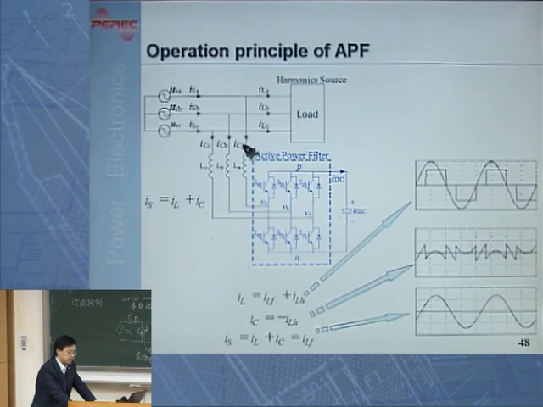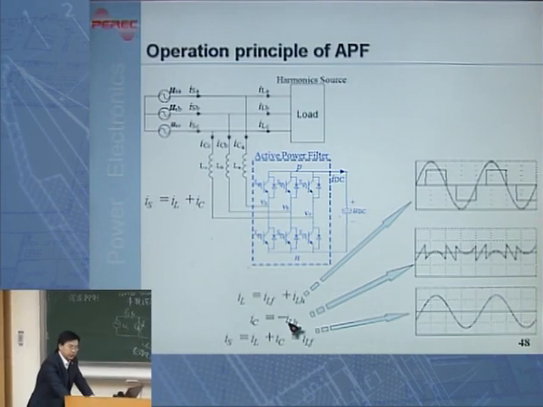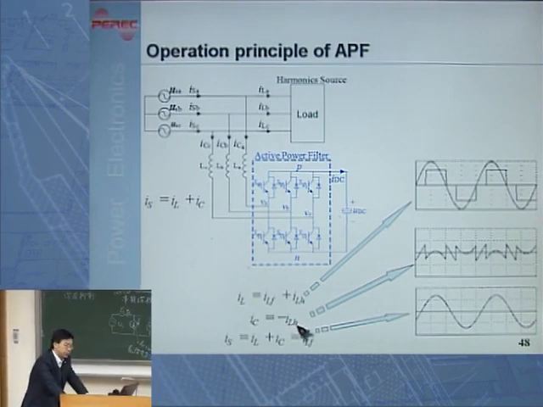This is the current I generate through this power converter. And this IC will be exactly equal in amount to the load harmonic current, but in the reverse direction. It is equal to minus ILH. ILH means the harmonic current in the load current. And therefore, if you add these two currents up, that will be IS.